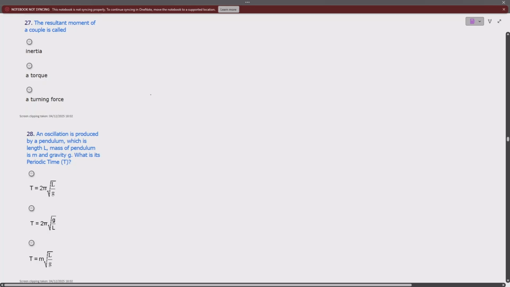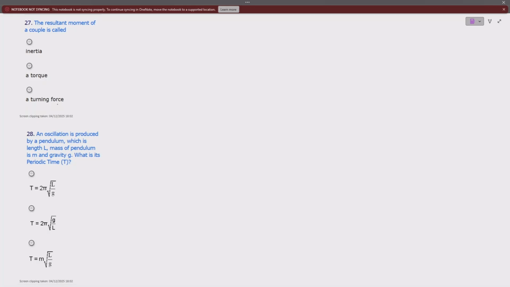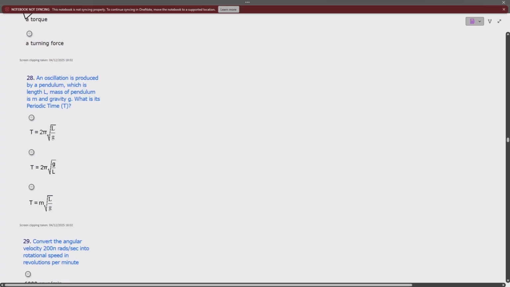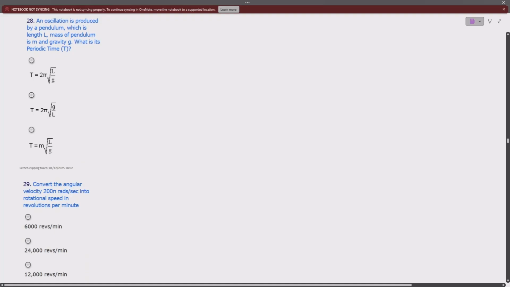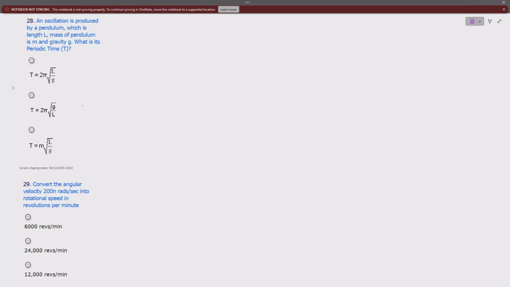The resultant moment of a couple is called a torque. An oscillation is produced by a pendulum of length L. Mass of the pendulum is m and the gravity is g.